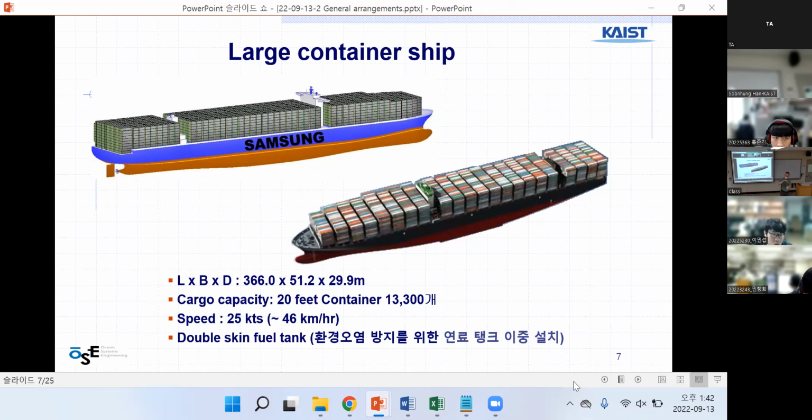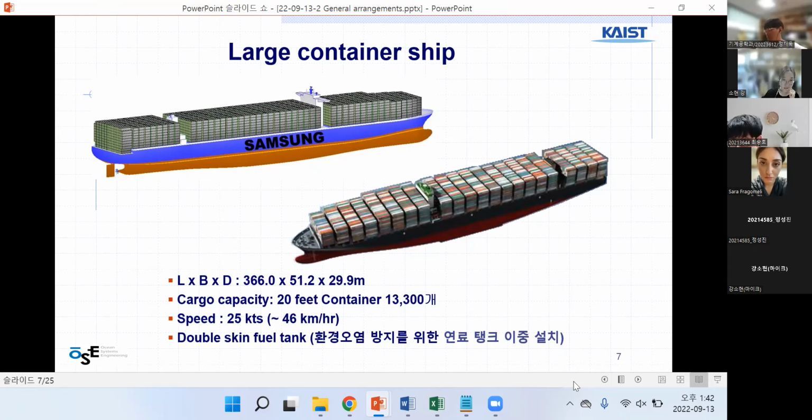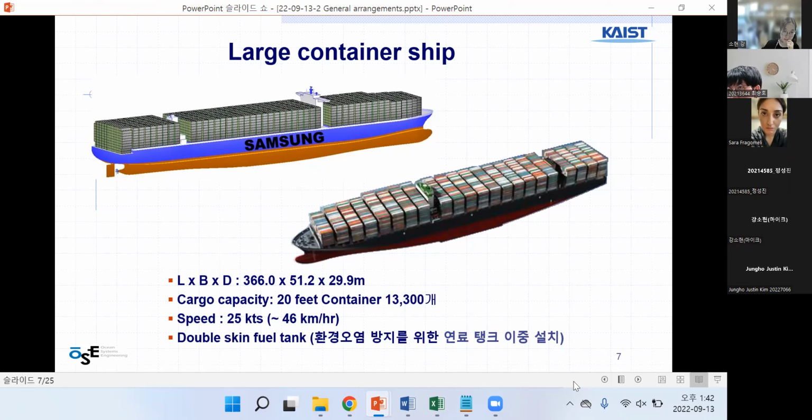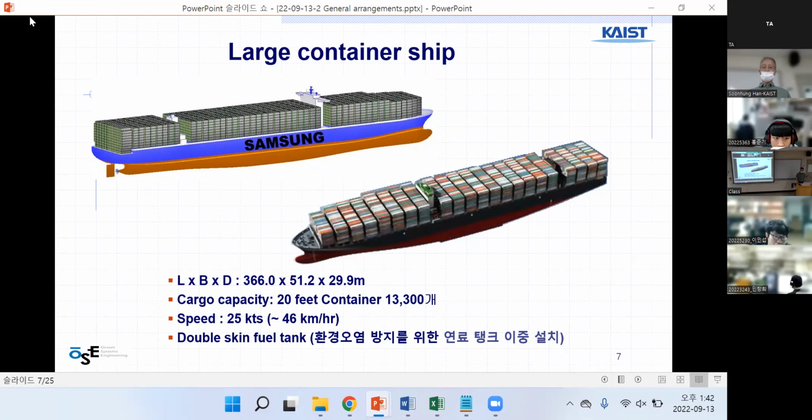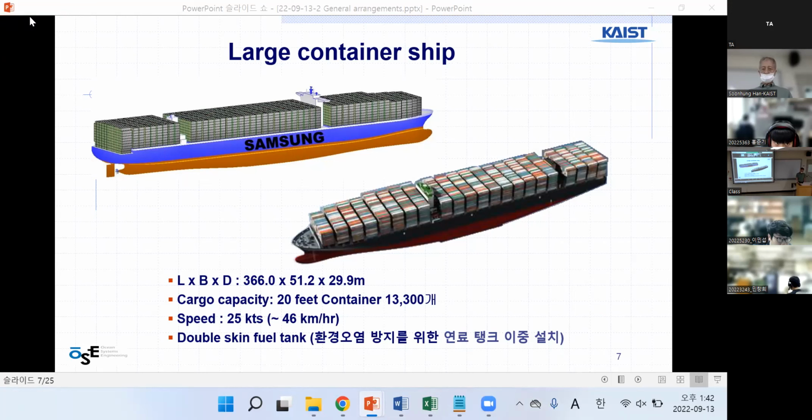Collision or grounding. Grounding is more frequent, but collision also happens for ships. And then the fuel tank breaks out. Right, spread of oil. You can try. You can speak. Chatting is also good. Two outer layers for the tank to prevent spread of oil.